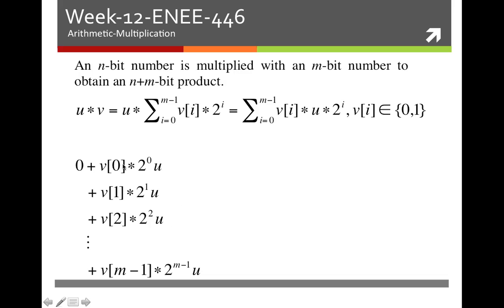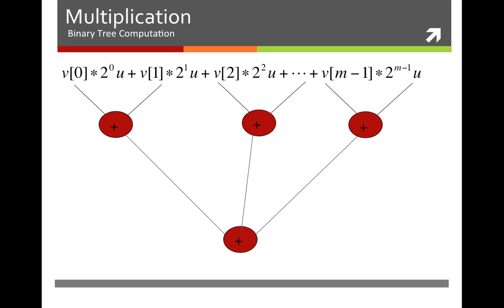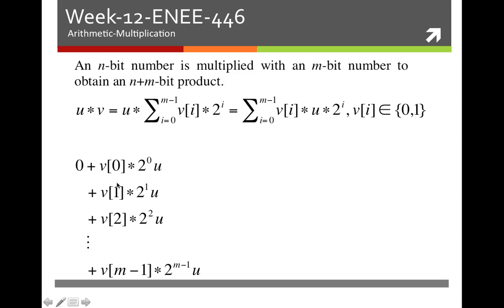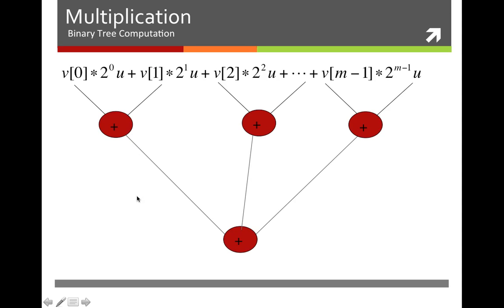And of course, u itself is an n-bit number, which we should not forget, because ultimately it will decide the size of the product. So one way to think about this is to take each of these terms as they are, put them side by side, like I've done here, and add them up in a binary tree fashion.